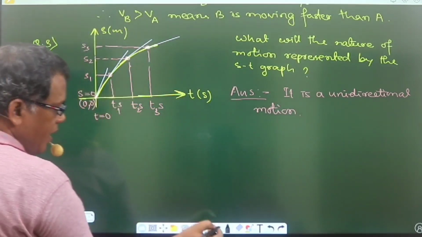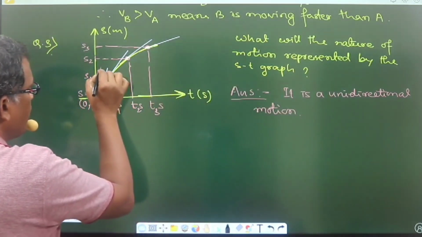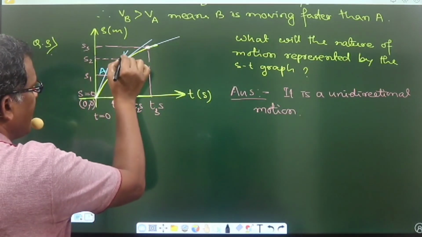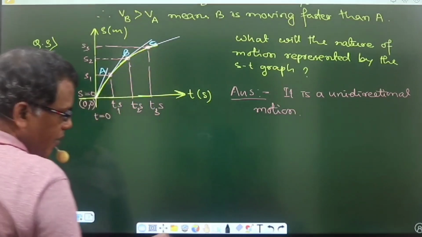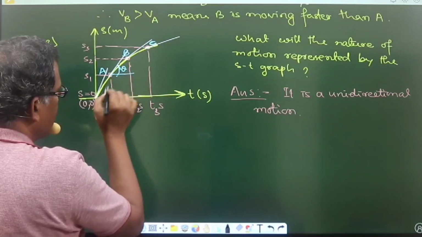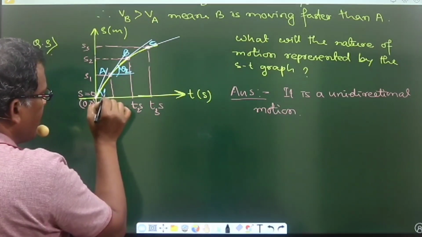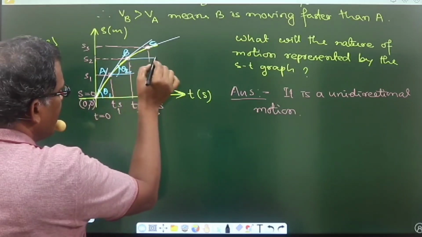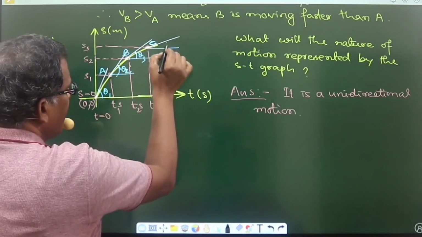Suppose I mark those points with the letters A, B, C. So the elevation of the tangent at A is theta 2, exactly at O it is theta 1, then at B it is theta 3, and finally at C it is theta 4.